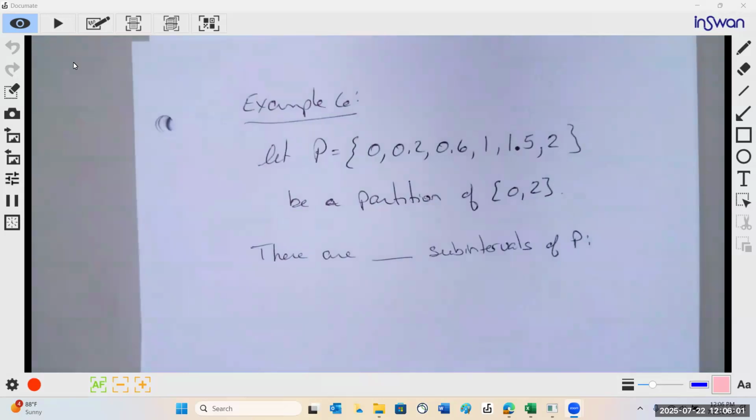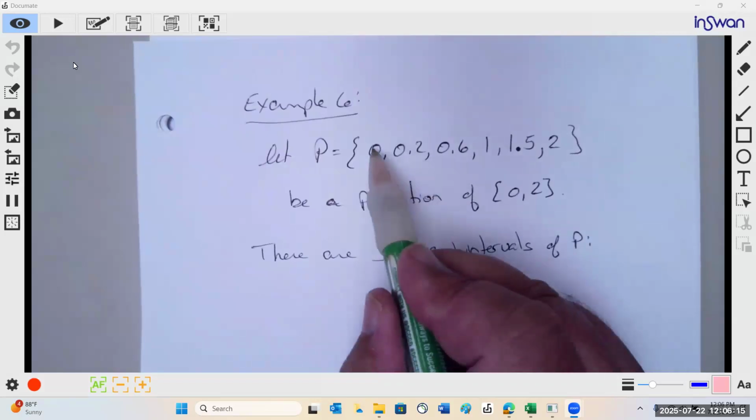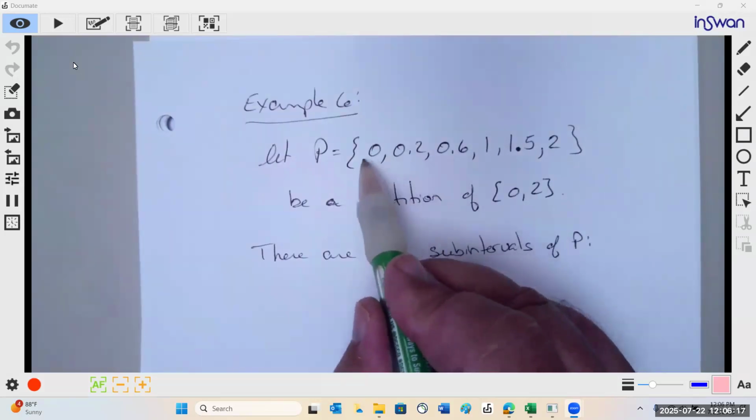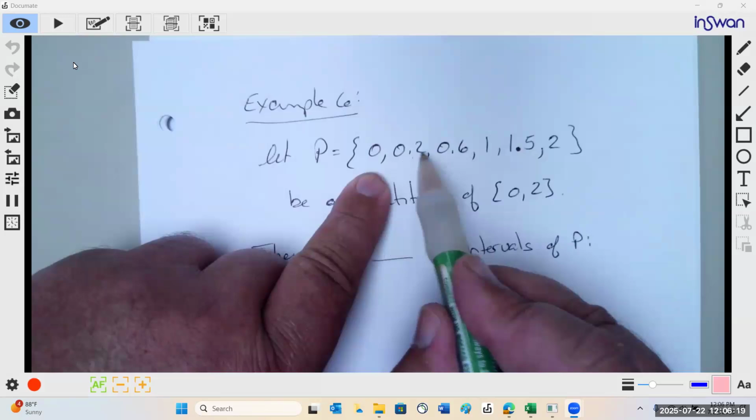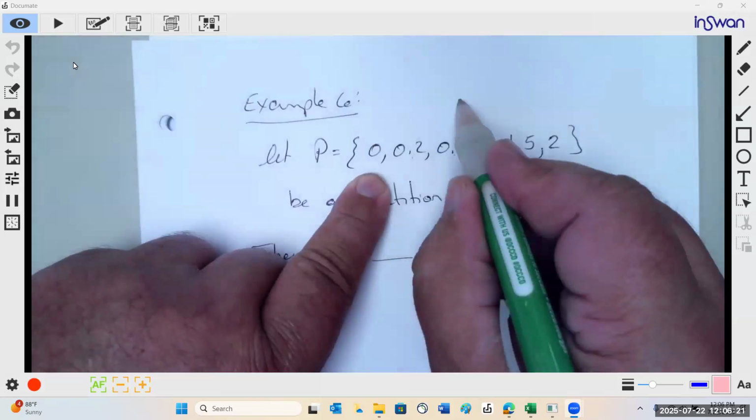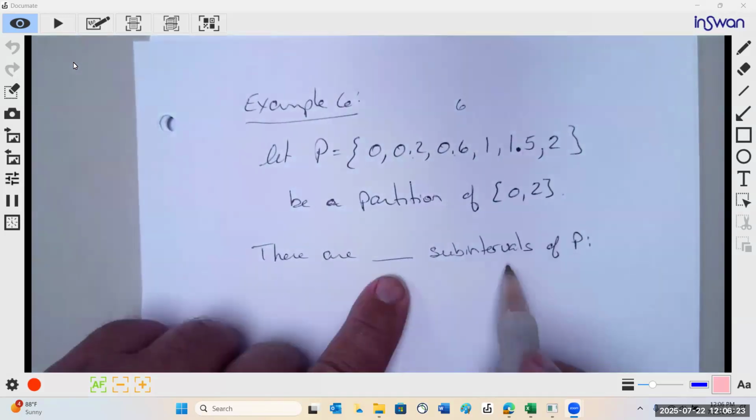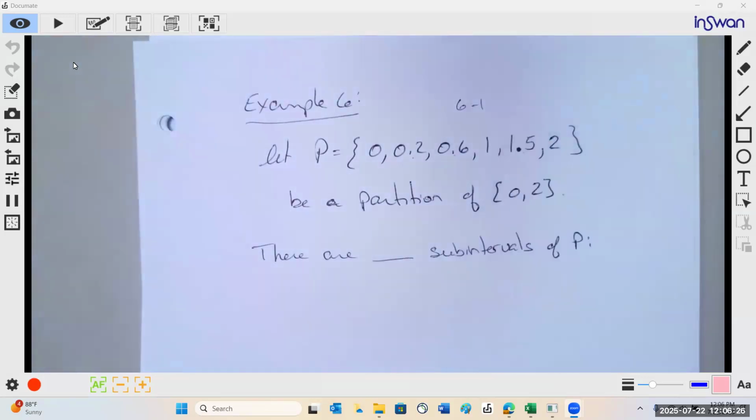How many subintervals are there? Why 5? Right. Because let's say the number of partition points is 1, 2, 3, 4, 5, 6. Let's say it's 6. The number of subintervals is always one less than the number of points, so since there are 6 of them, it's 5.